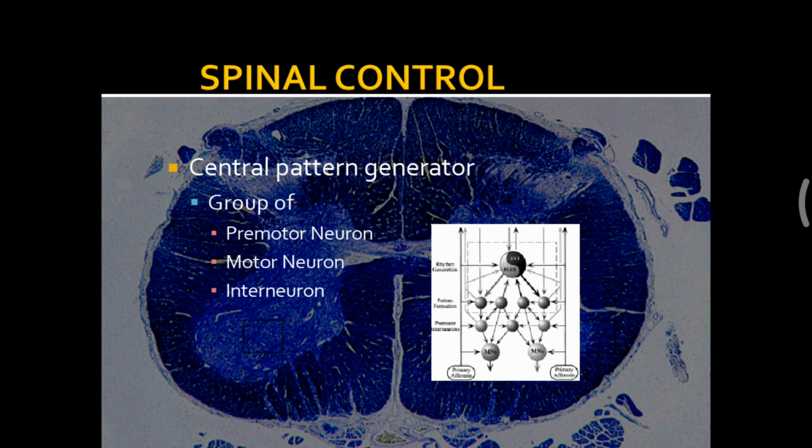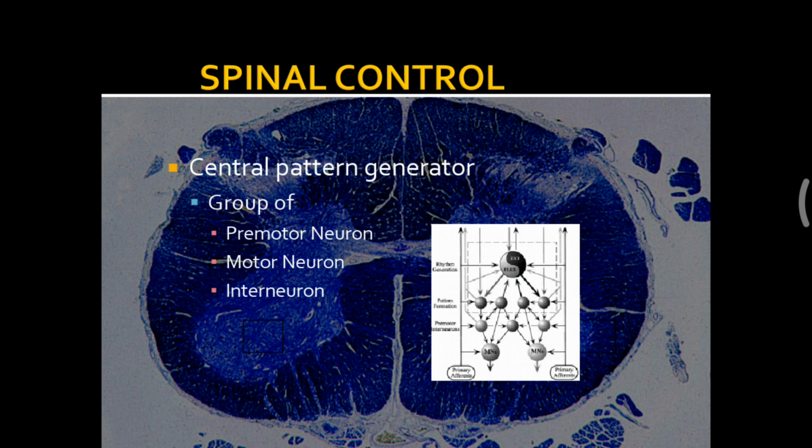When you talk about a central pattern generator, there are going to be three groups of neurons. One is a premotor neuron, which is not part of the central pattern generator, but helps to stimulate it. The other is a motor neuron responsible for activating the flexor muscle group, and a motor neuron responsible for activating the extensor muscle group, and then an interneuron.